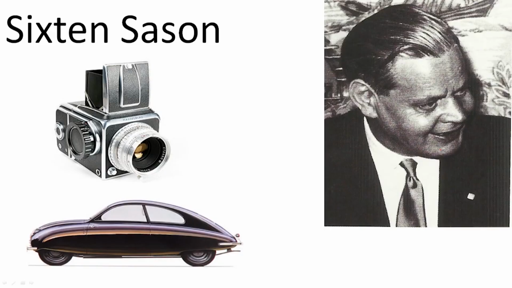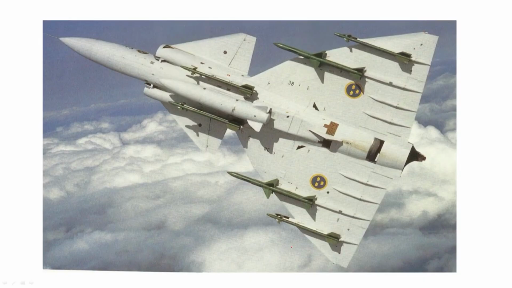We now come to a famous name called Sixten Sason, without whom Swedish design would have been incomplete. Sason is very famous for the Saab. You have heard of Saab automobiles, which have later on been taken over by GM, and also the Saab aircraft like Gripen.